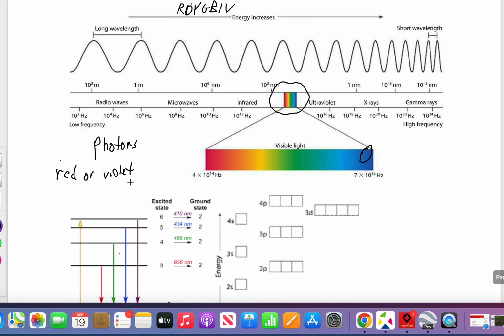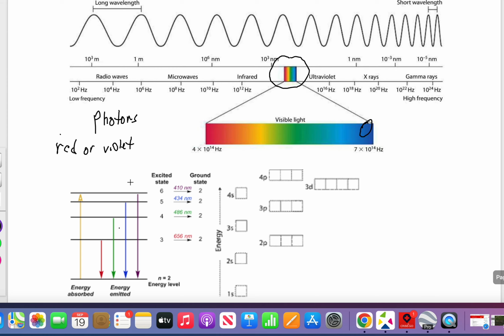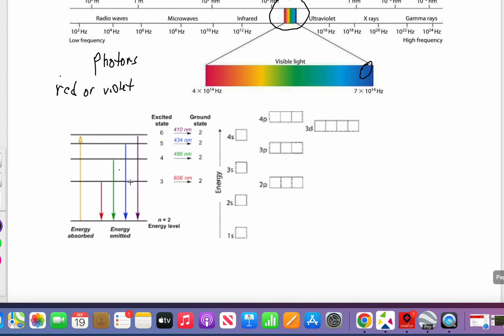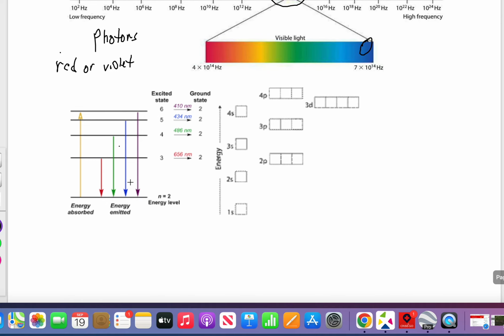Now we're going to learn where these photons come from. All right, so let's say we had a hydrogen atom. Here's a hydrogen atom and it has one electron in the 1s, let's say. Now you can do something to this electron to make it jump from a lower energy to a higher energy.